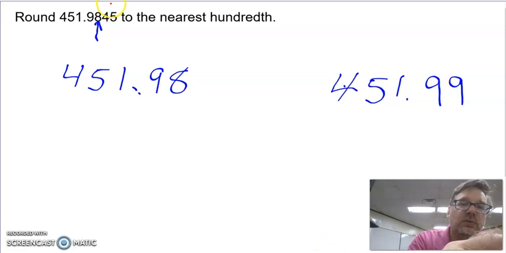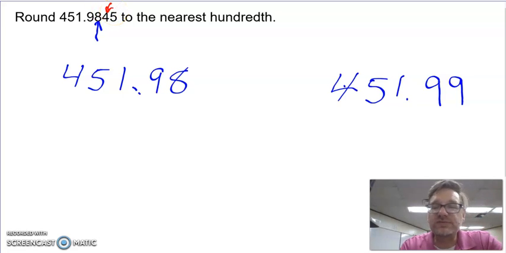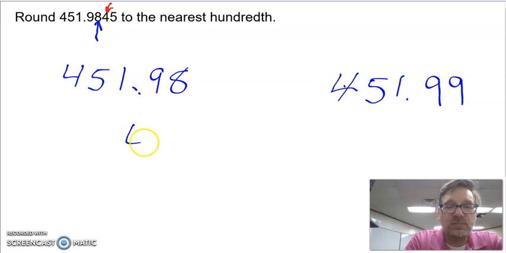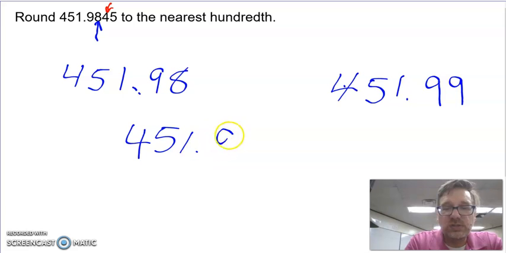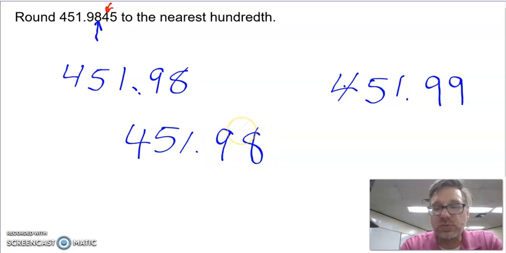Again, I look at the 4. Is that 4 big enough to go up, or does it stay where it is? Well, it'd have to be a 5 or bigger to go up. It's not large enough to go up, so we stay 451.98.